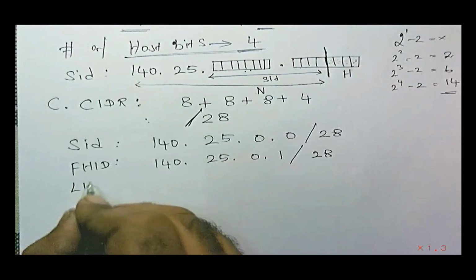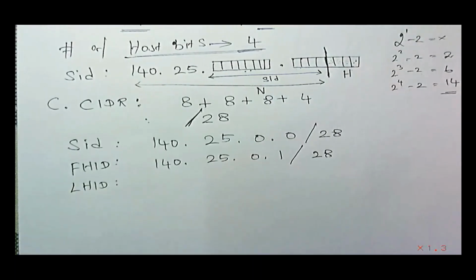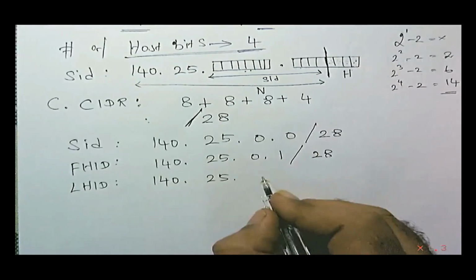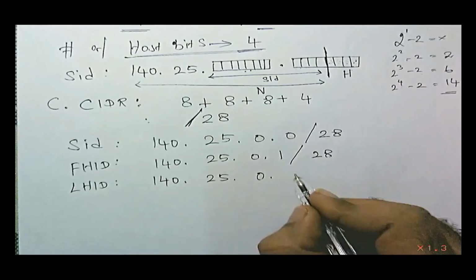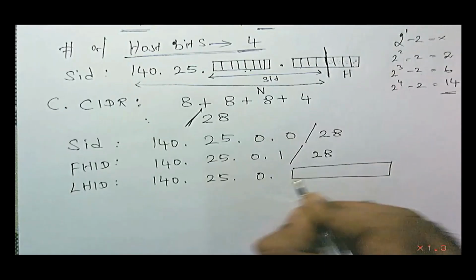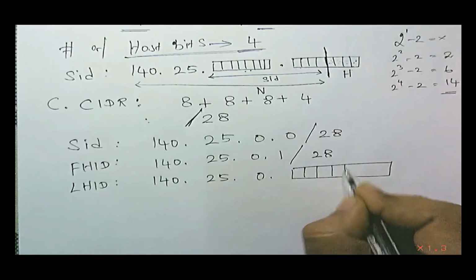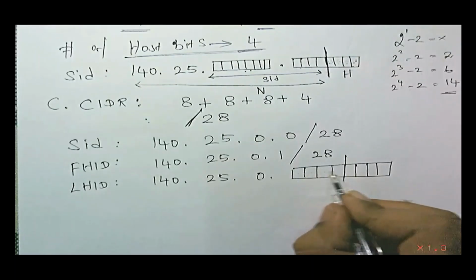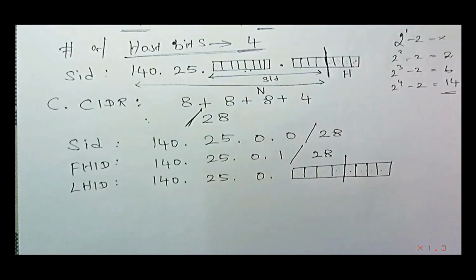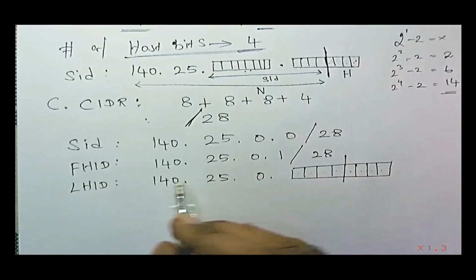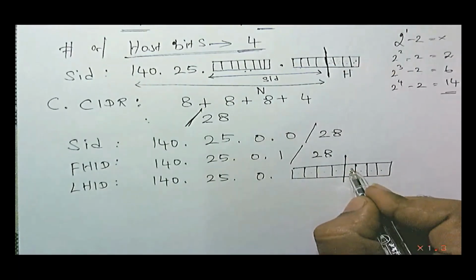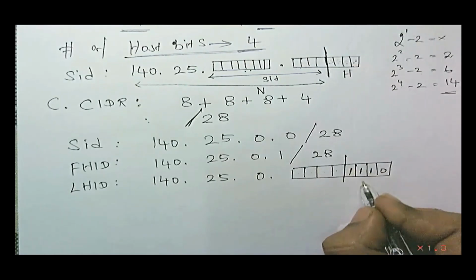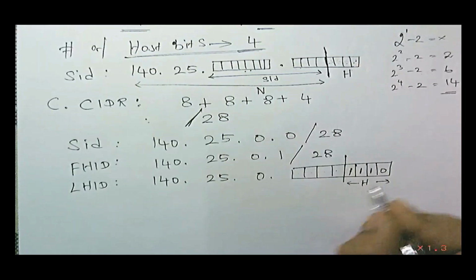Then the last host ID. The last host ID is 140.25. Here there is no change in the third octet, but in the fourth octet, 1, 2, 3, 4. The formula for finding the last host ID in the last octet is to make everything 1 except the last bit, because this is the host part, except the last bit 0.